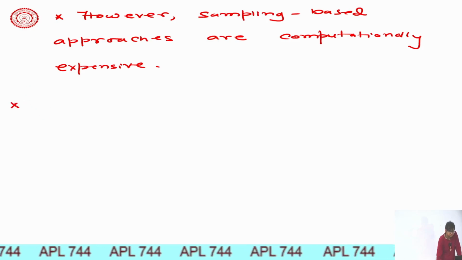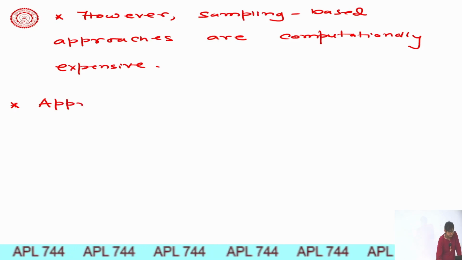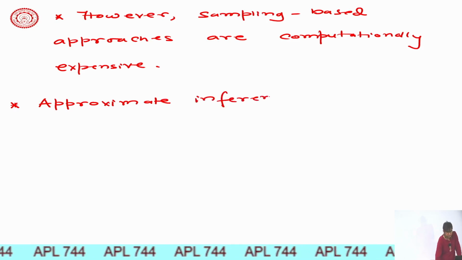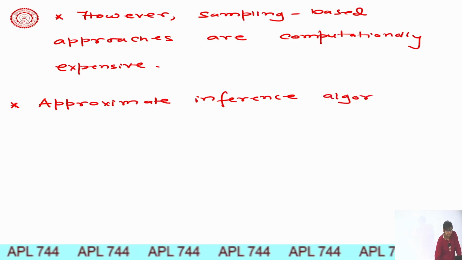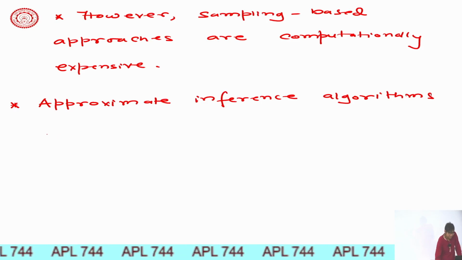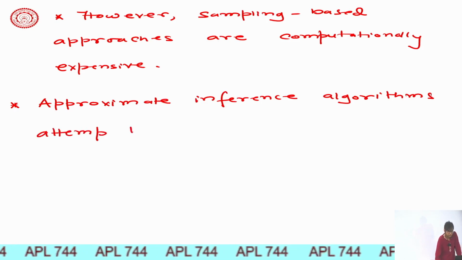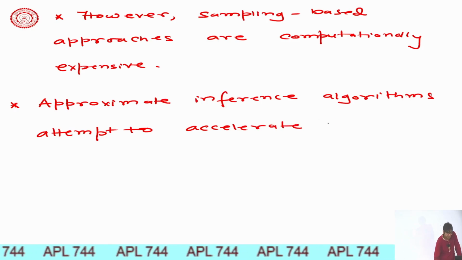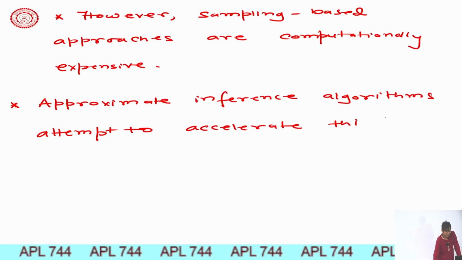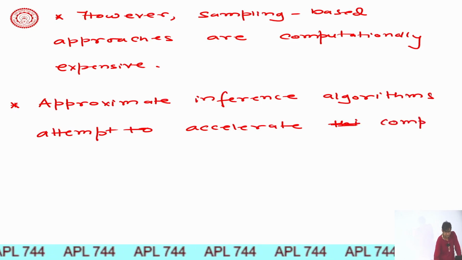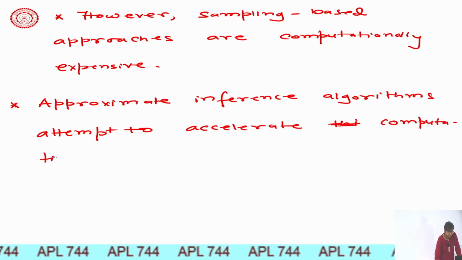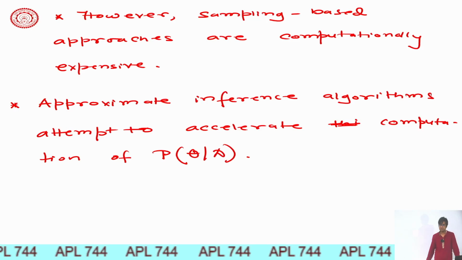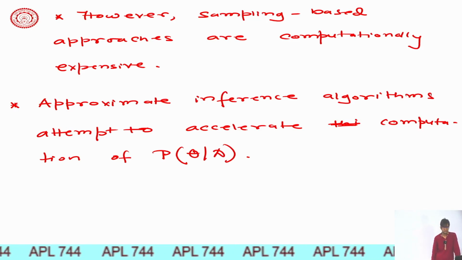Approximate inference algorithms attempt to accelerate computation of probability of theta given D. Okay. So that is what the idea is.